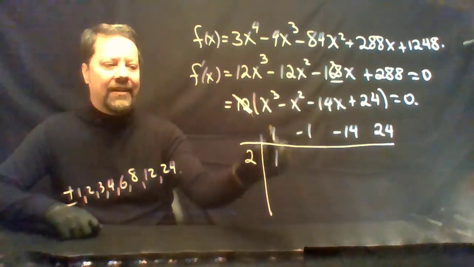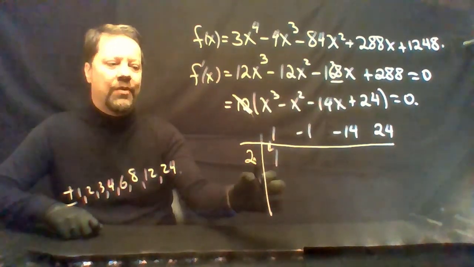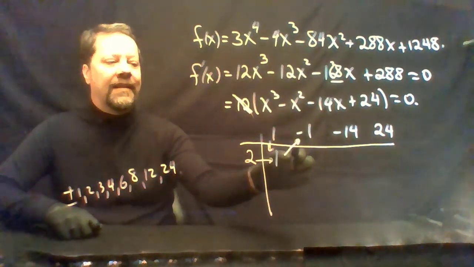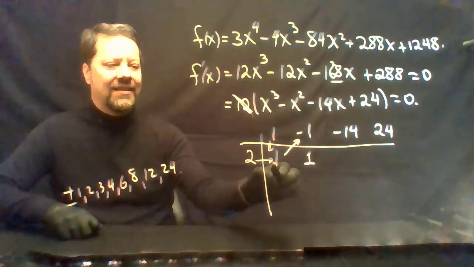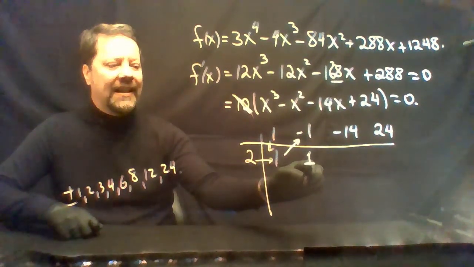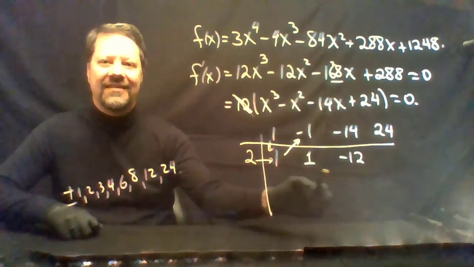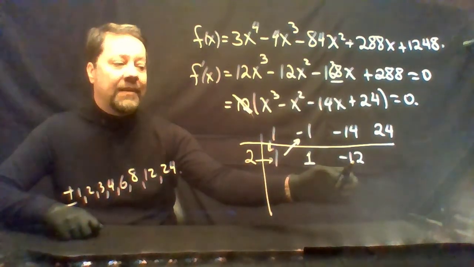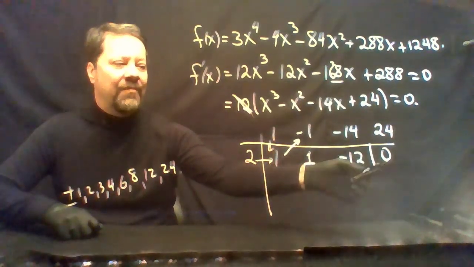We're going to bring the 1 down. This just comes straight down. You bring the 1 down, and then you multiply, and then add. That gives me a positive 1. 2 and negative 1 makes 1. When we multiply again and add, we'll get negative 12. And then when we multiply the 1 last time, we'll get negative 24, and 24 makes 0.